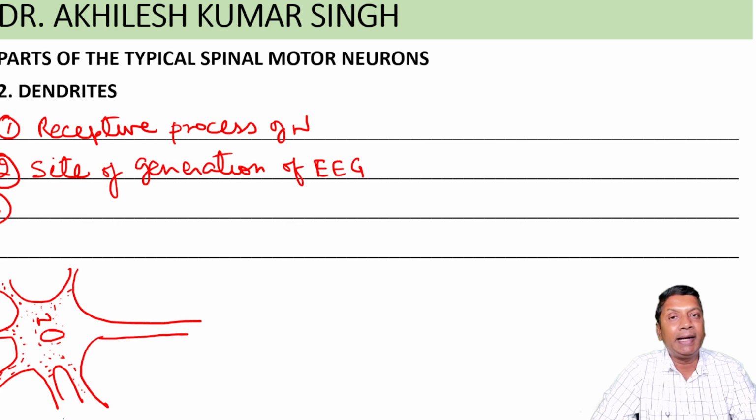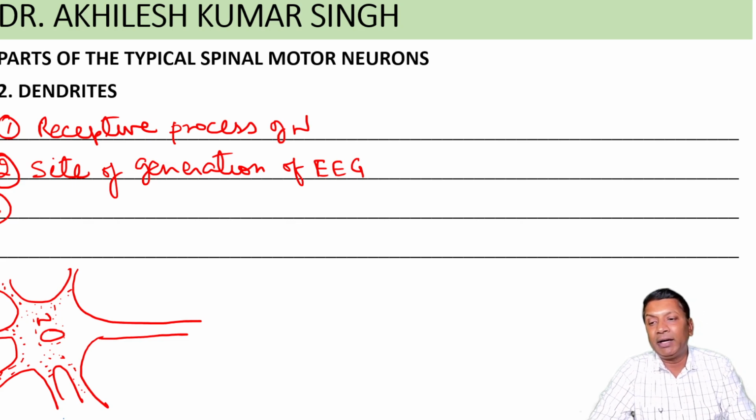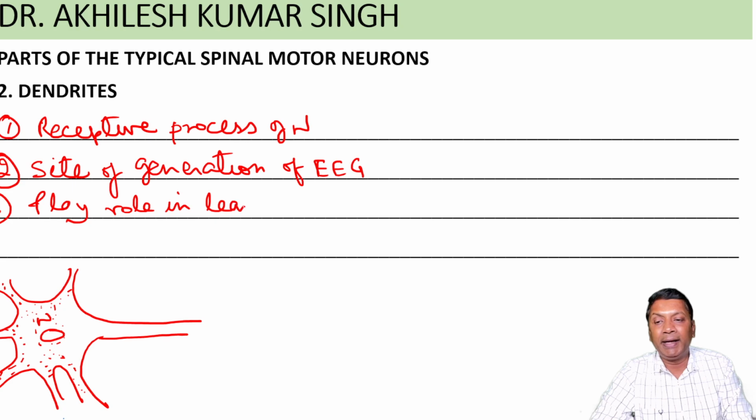When the dendrite is excited, the Nissl granules will start synthesizing the protein, and this protein will play a role in learning and memory. So dendrites play a role in learning and memory.